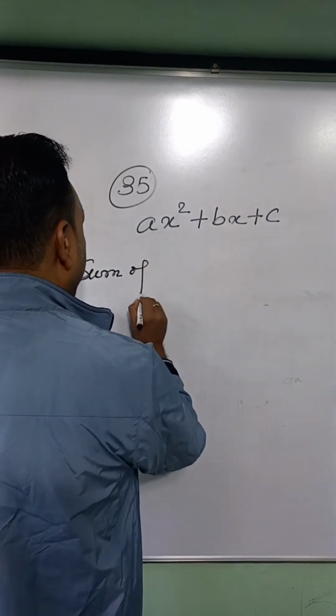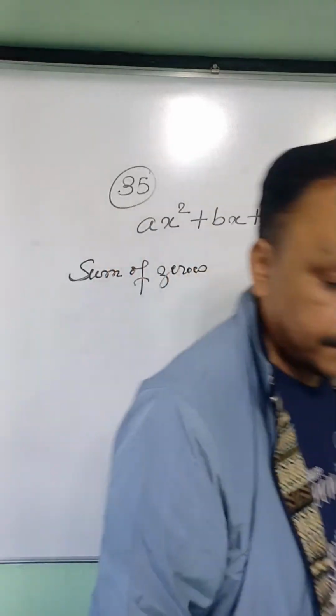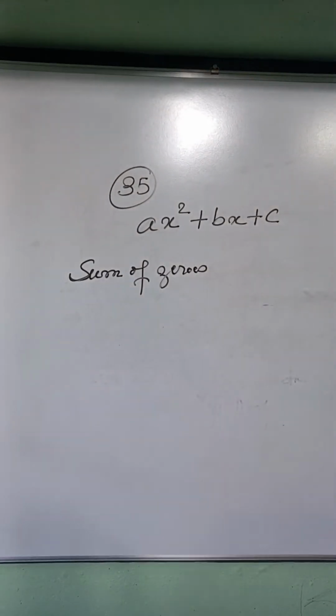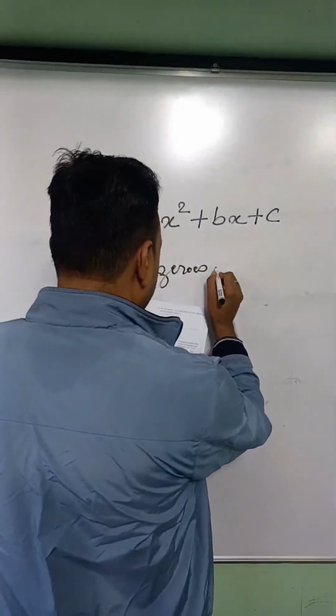Sum of zeros. What is the formula of sum of zeros?